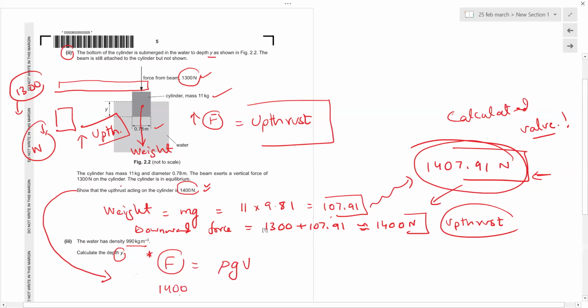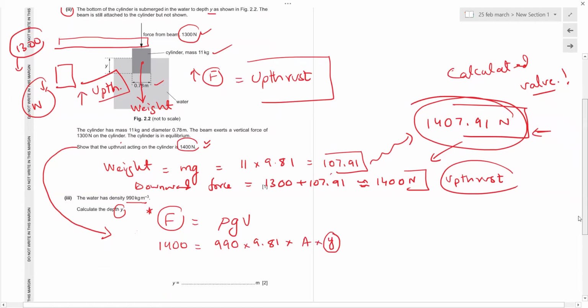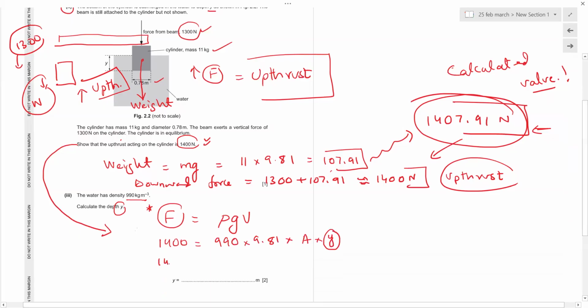Sir ने 1400 के बारे में पूरी बात बताई थी. Density is 990. G is 9.81. Volume would be for cylinder area times height, and that height would be y. ठीक है भाई? So we can easily work this area out.